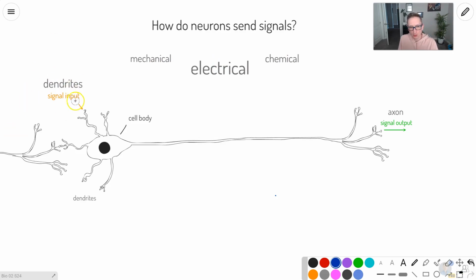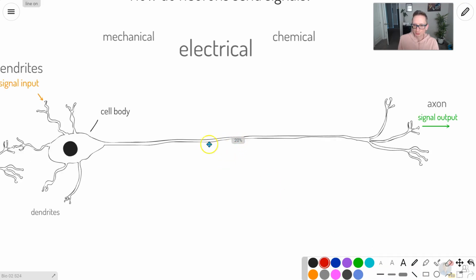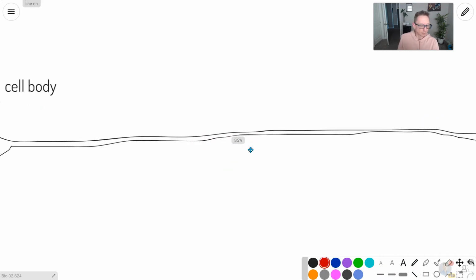All right, so the signals come in here at the dendrites. They then must, if they go out here, they must travel the entire length of the cell. So let's talk about how a cell does this, how a neuron does this. And we're just going to kind of zoom in.